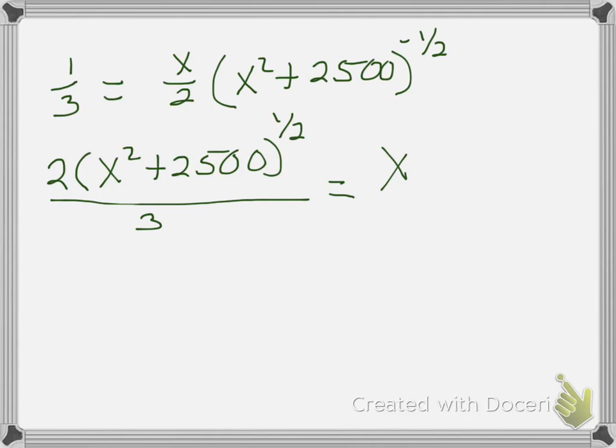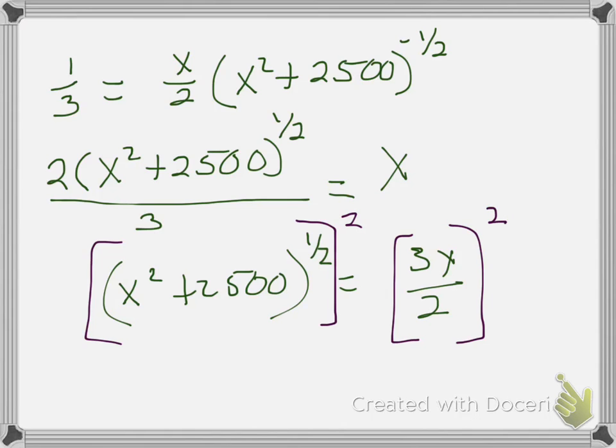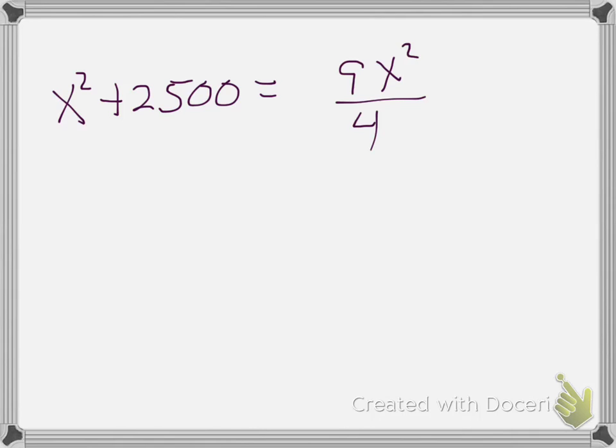Okay. Now if I multiply each side by 3/2, I get x squared plus 2500 to the 1/2 equals 3x over 2. Now I can square each side, and that gives me x squared plus 2500 equals 9x squared over 4.